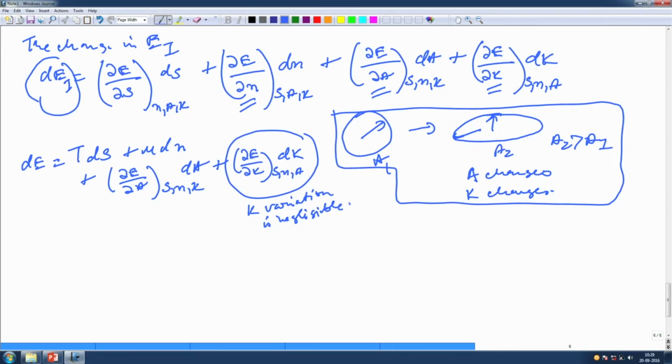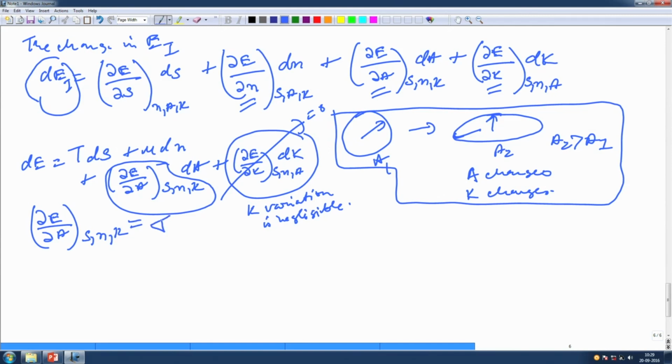What will happen to this particular equation? This last term will go to 0. So, we can define this particular term, the derivative of E with respect to A at constant S, N, K, as a quantity called sigma. That dE now becomes TdS plus mu dN plus sigma dA.